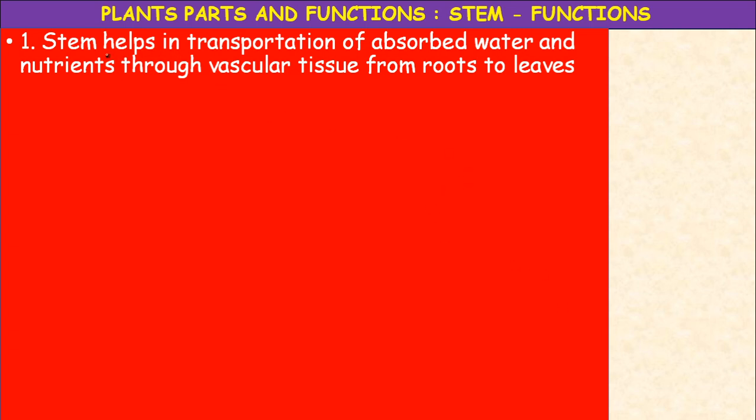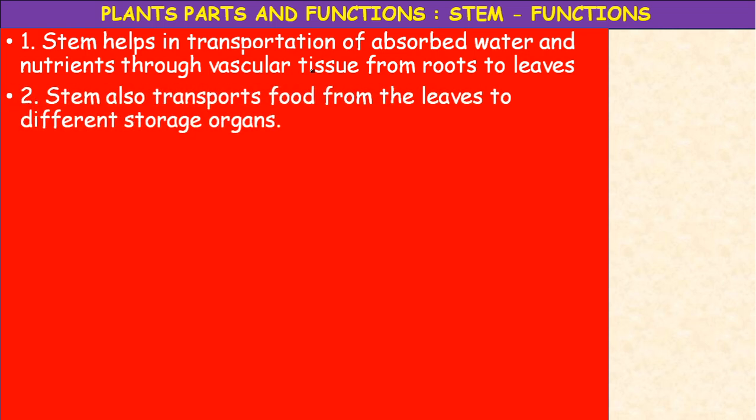Whatever water and mineral salts are absorbed by the root system are supplied to the remaining parts of the plant through the stem. Stem also transports the food from the leaves to the different storage organs.